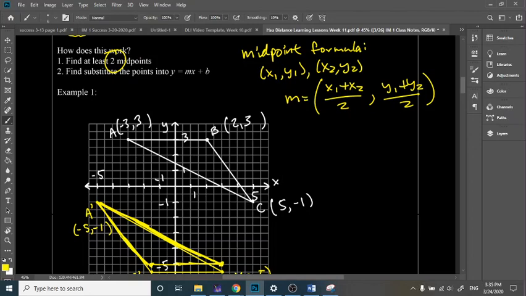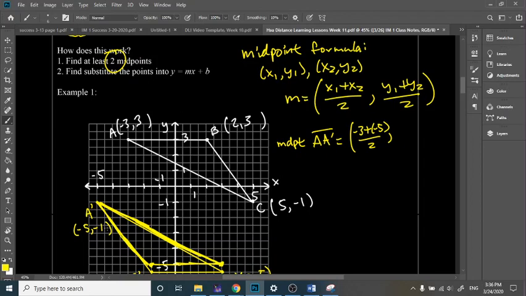So let's find the midpoint, MDPT, of A and A prime. Okay, so let's see. Let's add those together. -3 and -5, and divide by 2.